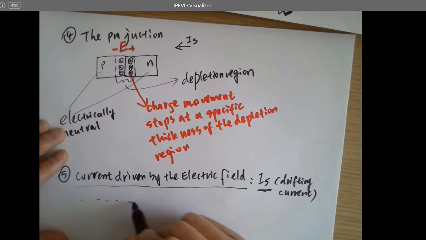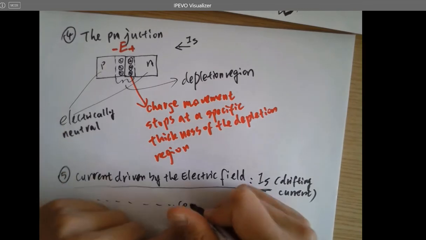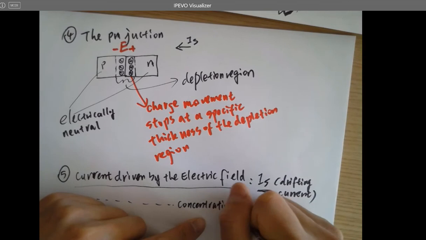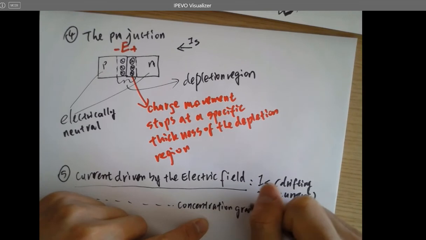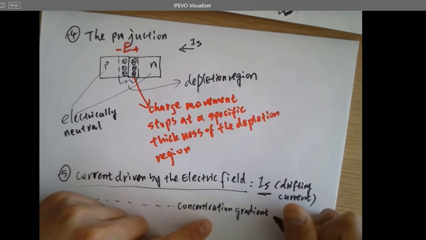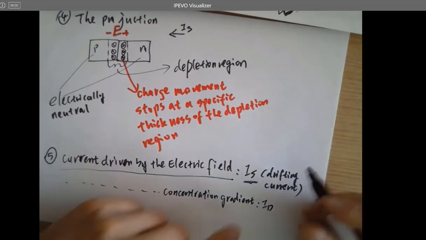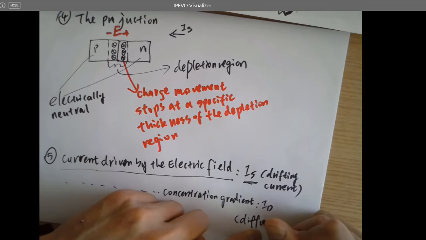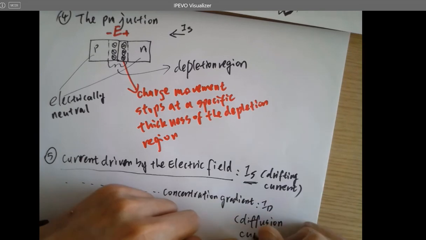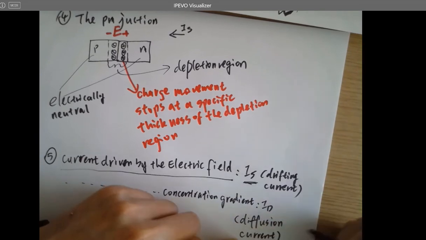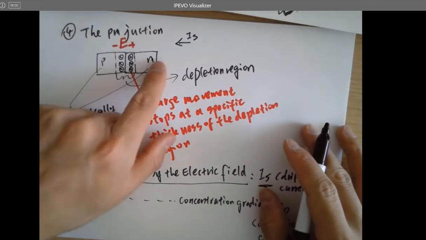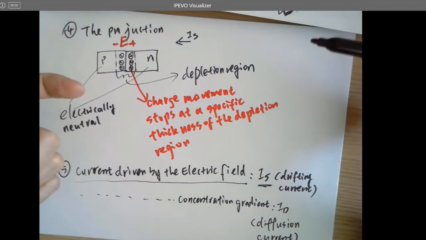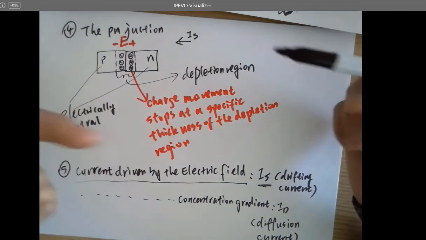And the current driven by the concentration gradient is called ID, the diffusion current. Even when you have a voltage applied to the diode, any current that flows in that direction is also denoted as ID.